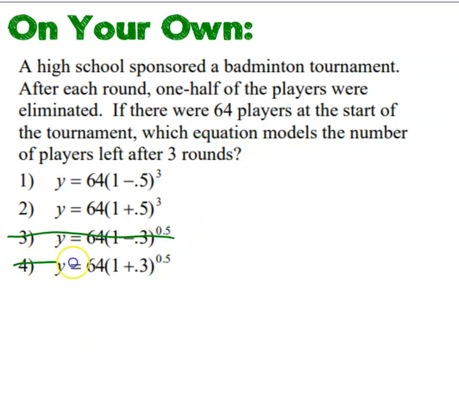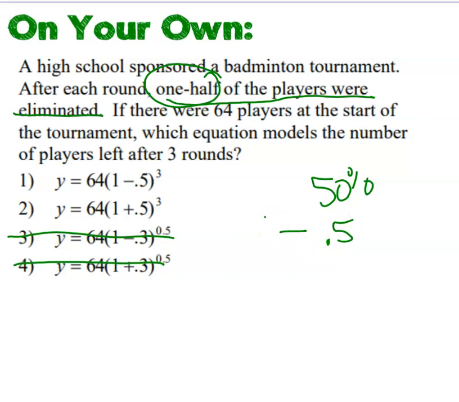So these are out. If after each round 1/2 of the players were eliminated, then that means you have decay. And 1/2 is 50%, or 0.5. Now remember, that's decay. So we're going to go with number 1.